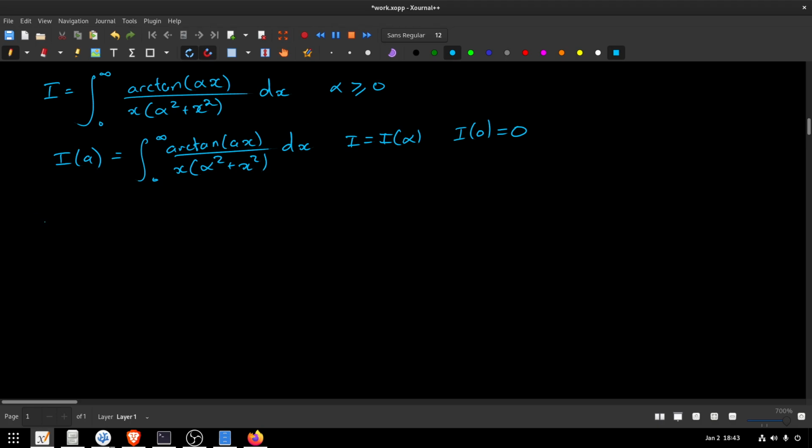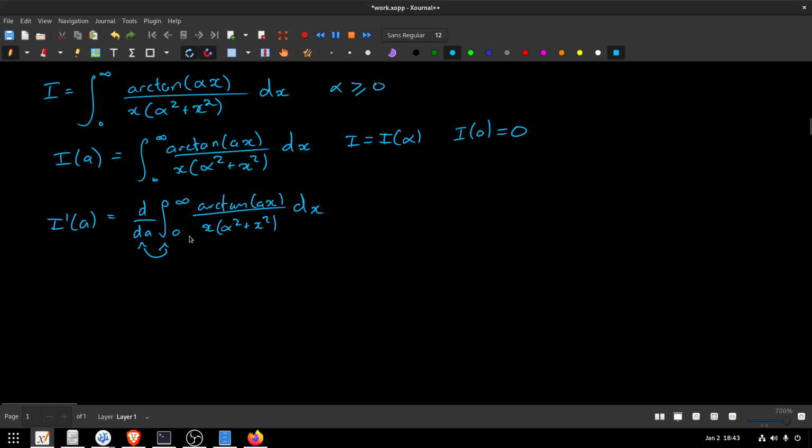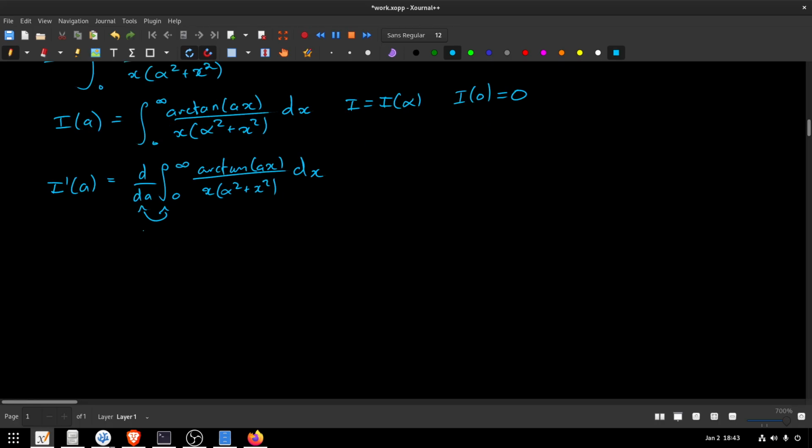Cool, so we can go ahead and differentiate this on both sides. So on the left-hand side, that's easy. That's just I prime of a. On the right-hand side, that's going to be the derivative with respect to a of the integral of arctangent ax over x times alpha squared plus x squared dx. We're going to have no problem here swapping the order of the integration and differentiation, because on the bound 0 to infinity, this whole thing is going to converge, no problem.